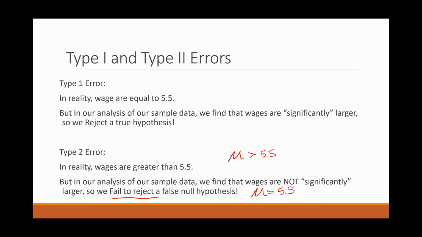That's type 2 error. Type 2 error is when we pragmatically come to the conclusion that we should act like the null is true, when in reality, the null is actually false. That's type 2 error.